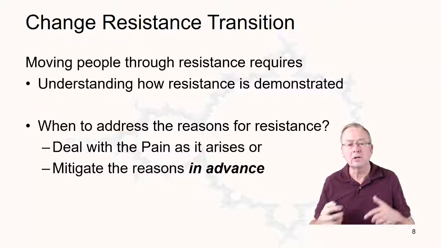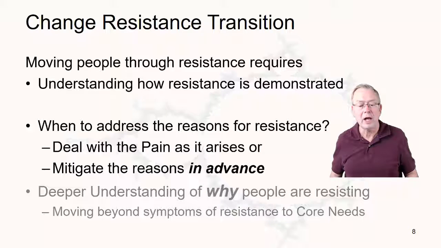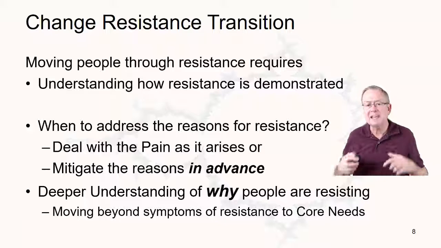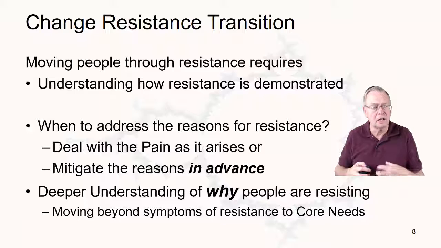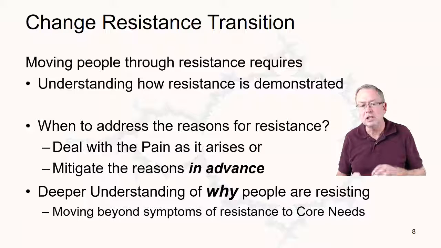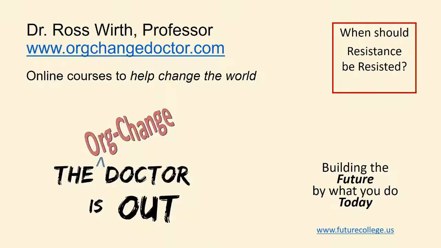That requires some understanding moving into action. The deeper understanding, though, is why people are resisting, beyond the symptoms that we see, to their core needs. Understanding the core needs, then, is the foundation for the actions in dealing with resistance.